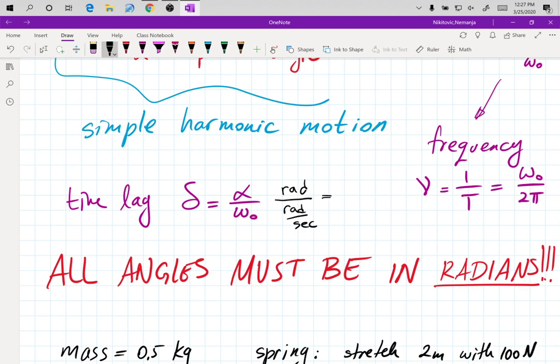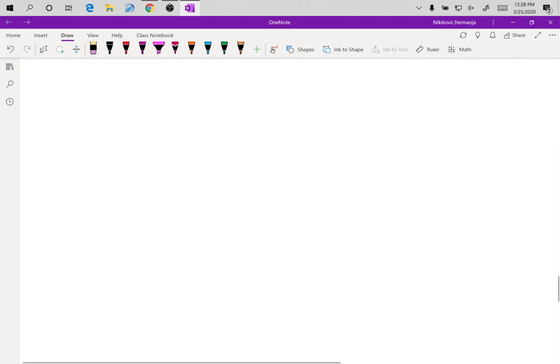And when we work out the double fraction, seconds will go on top, and these guys will cancel, and you would have time given in seconds, right? Time lag. It's time, and the time lag is also time. So the units in our problem would be seconds. That's the time lag.